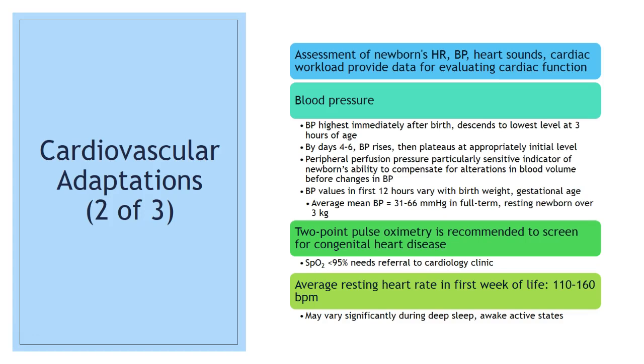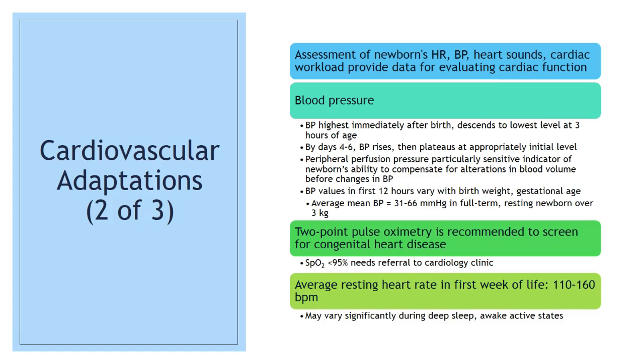Everywhere else that you check it gives you a post-ductal O2 sat. If it's less than 95% in 2 points, we need to refer them to a cardiology clinic because they may have some type of congenital heart anomaly.